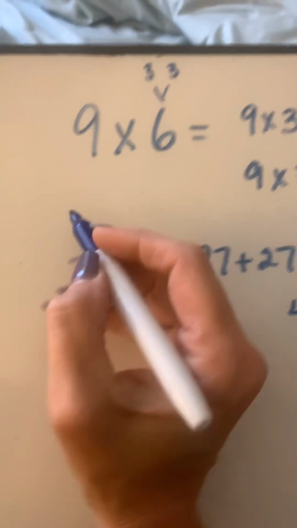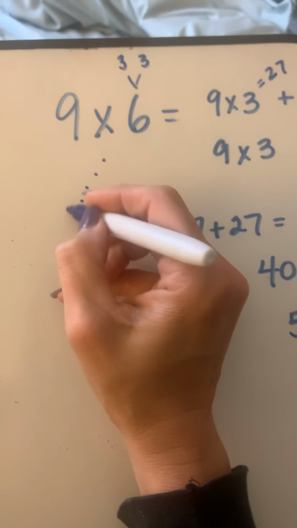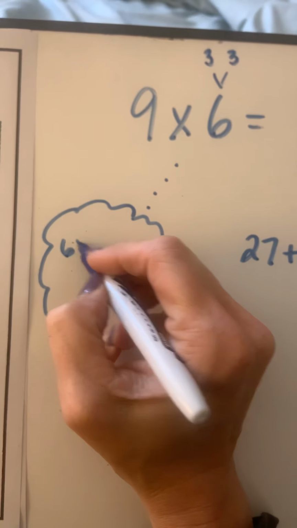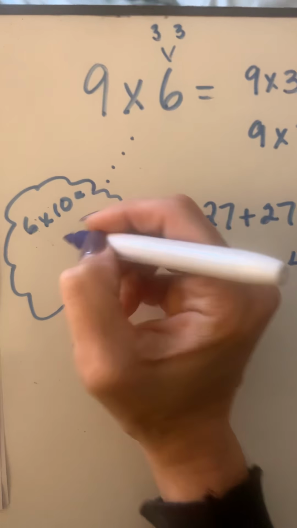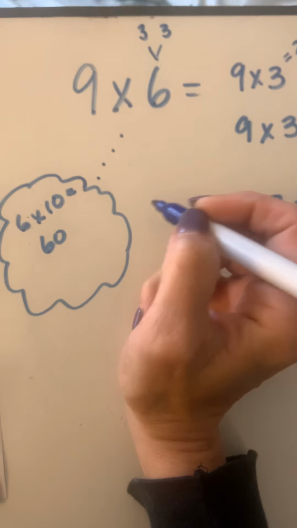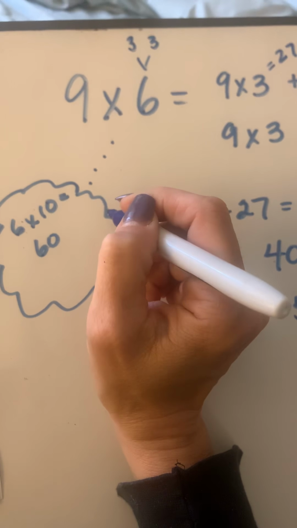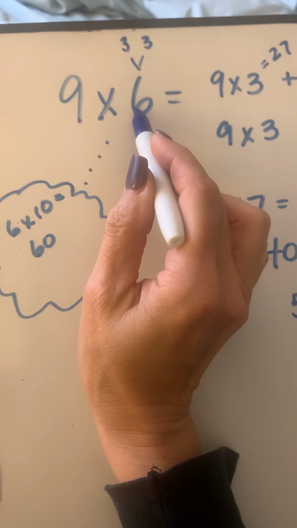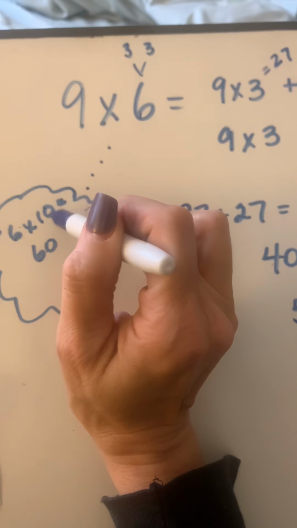If I had done 6 times 10, so here's my thought bubble, I would have said that the answer was 60, right? So that would be 6 groups, or 6 in a group, 10 groups.